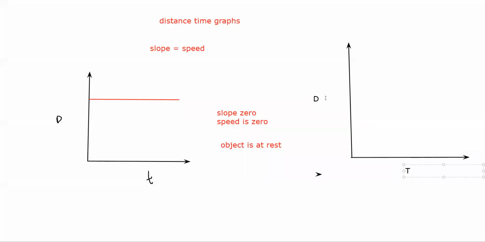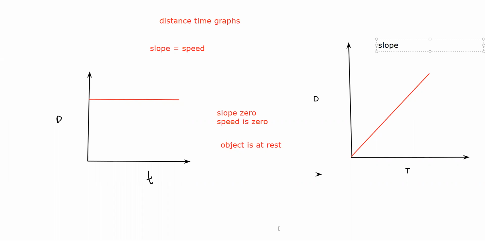If you have a distance time graph and there is a straight line starting from the origin, what about the slope of this line?